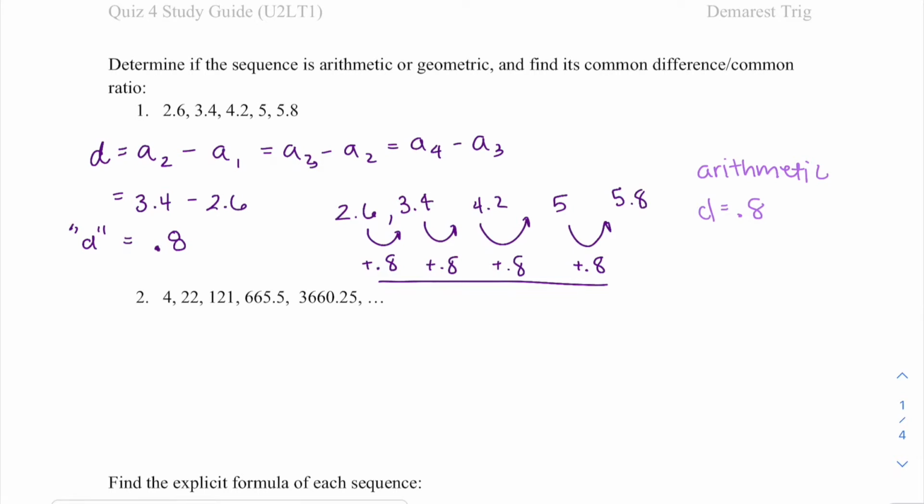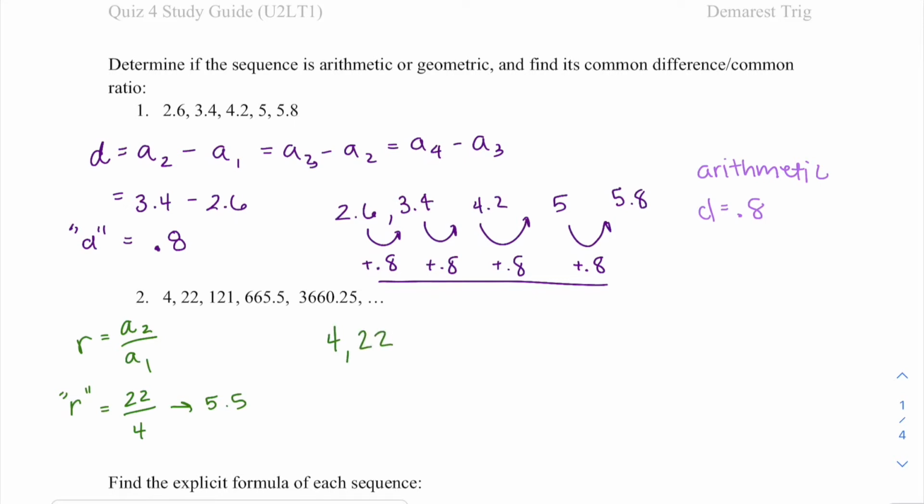So I will first check to see if it's geometric by finding what the common ratio could be and verifying that it stays that way. So again, my possible common ratio would be A2 divided by A1. So 22 divided by 4, that's going to be 5.5. Okay, again, I can check it.